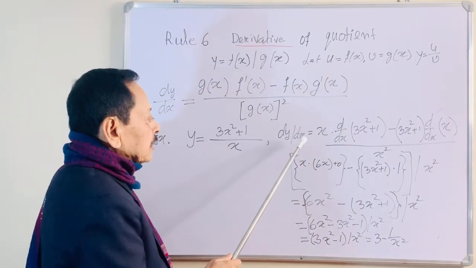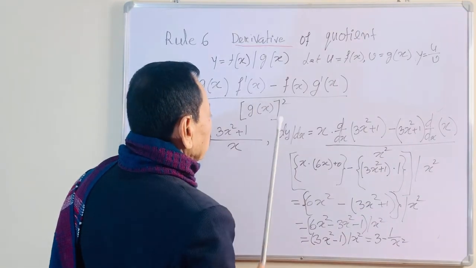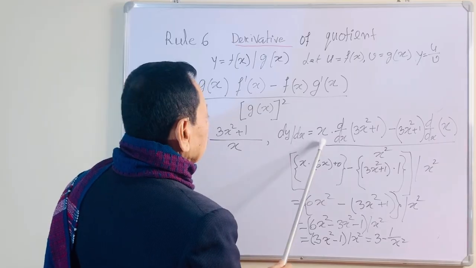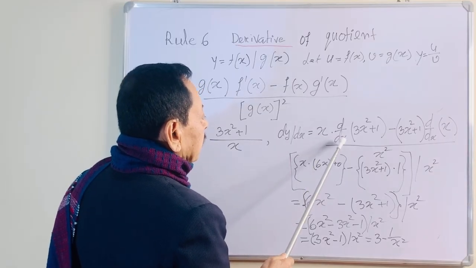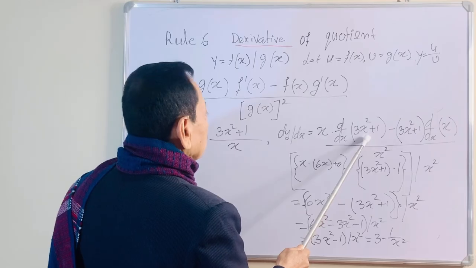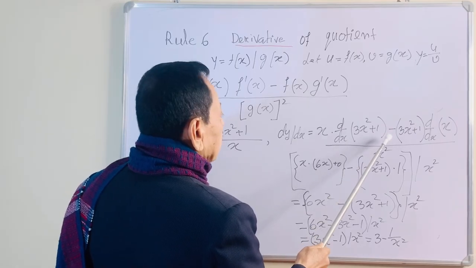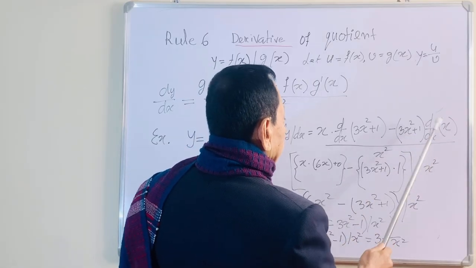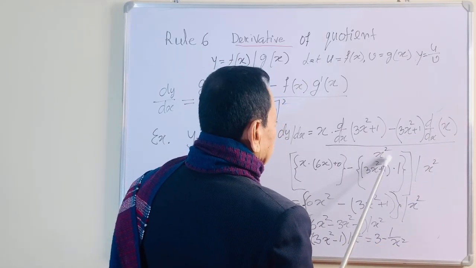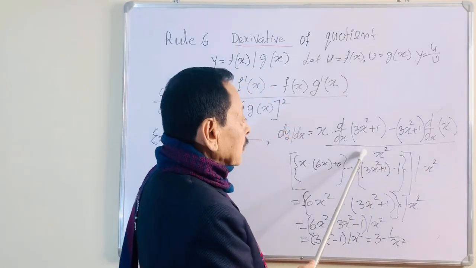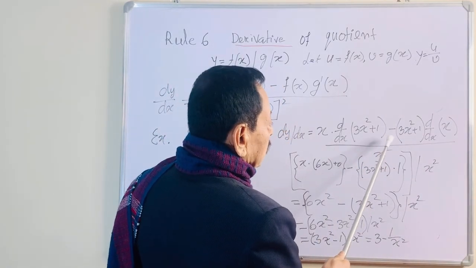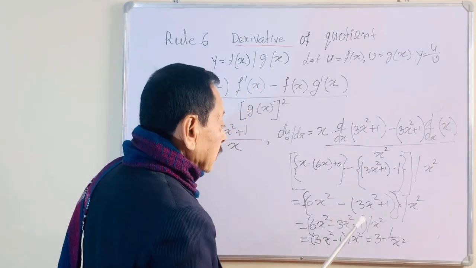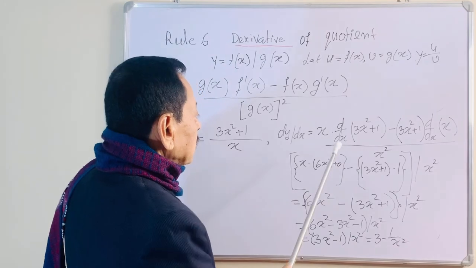So if we apply this rule, dy by dx is equal to the second function multiplied by the derivative of the first, 3x squared plus 1, minus the first into the derivative of the second, divided by the square of the second. We must be careful in writing and putting the signs, otherwise we will not arrive at the result. So this is simple now.